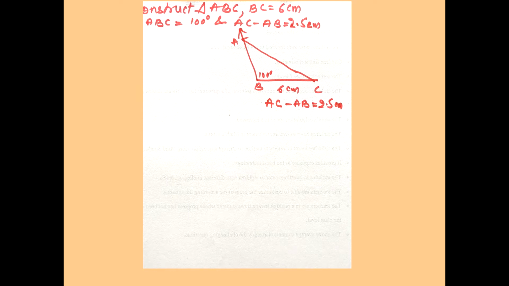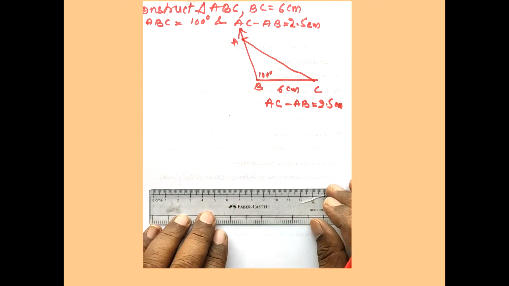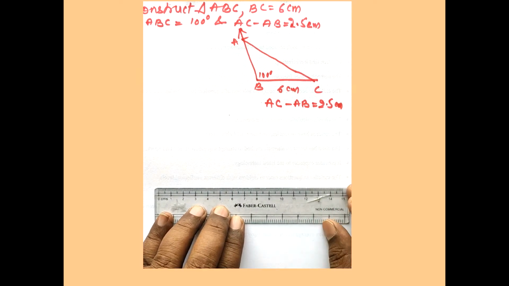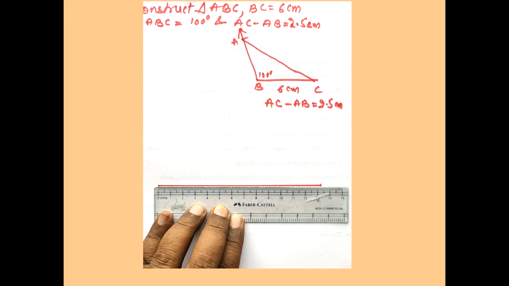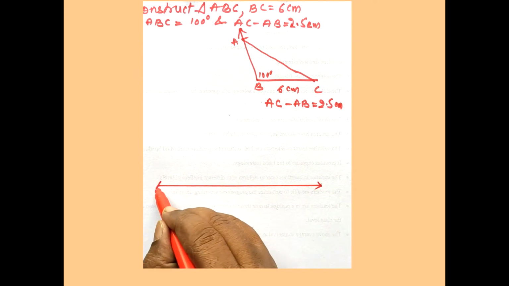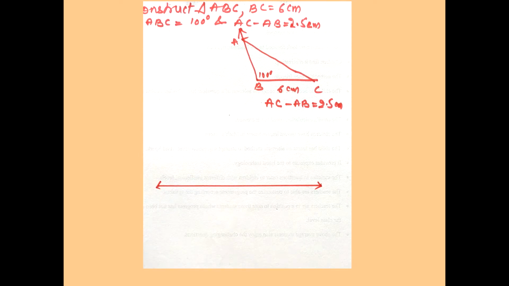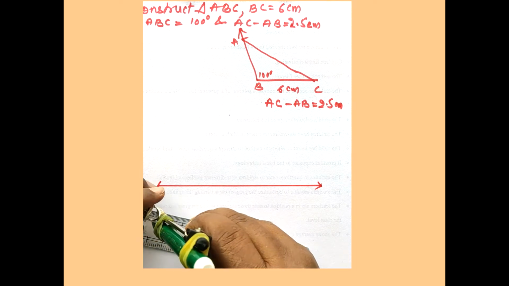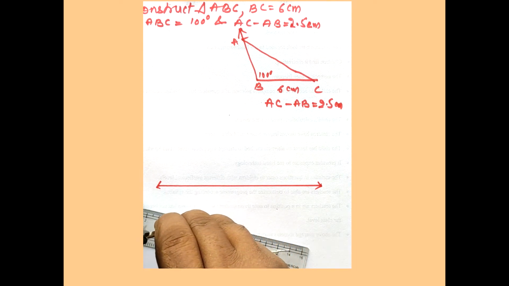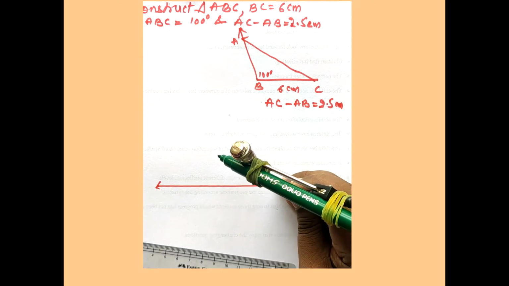In such a case, first we will draw 6 centimeter BC. For that I will take a line. I will fix 6 centimeter in a rounder and cut an arc so that I can get BC.